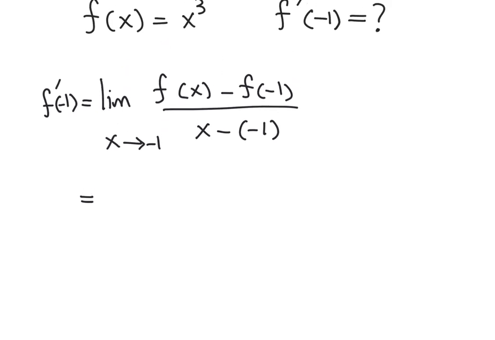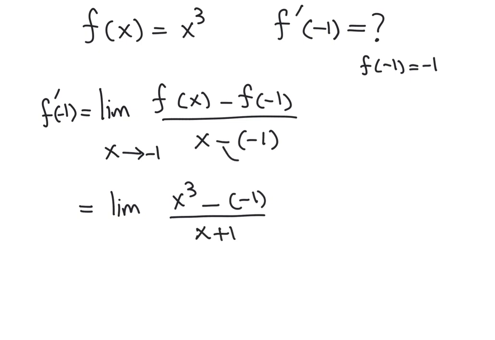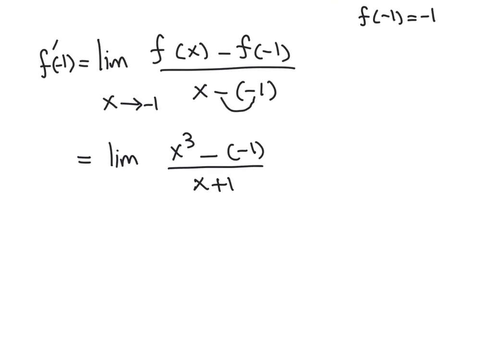So f of x is x cubed and f of -1 equals -1. So it's x cubed minus -1 over x plus 1, because negative times negative is positive, as x goes to -1.